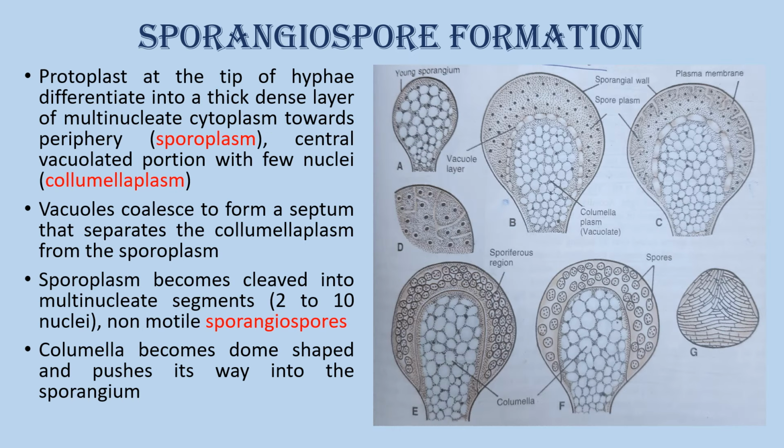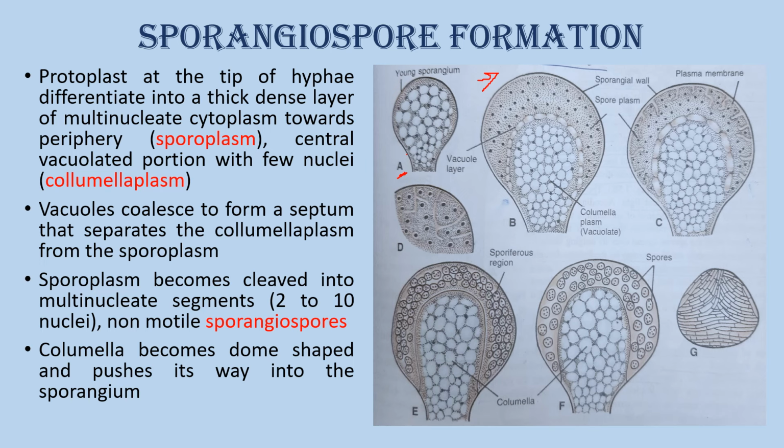So this is how the sporangia is formed. In the vertical hypha, the tip gradually swells, as in this diagram, and as the tip swells and increases in size, there is gradual differentiation of the cytoplasm.